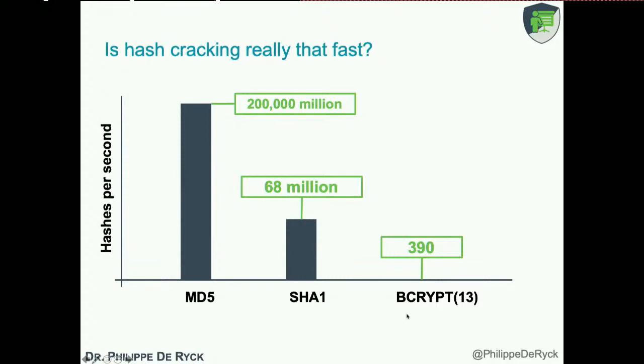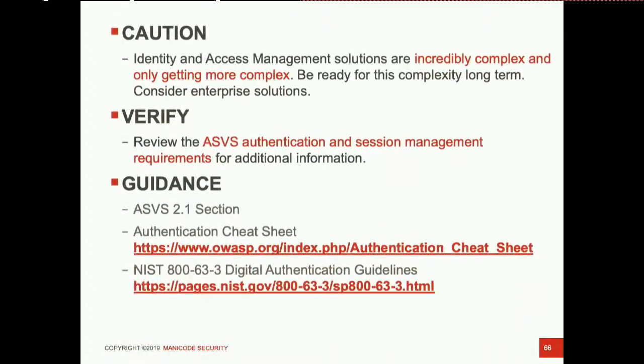With SHA-1, 68 million, and bcrypt with the recommended work factor of 13, it's only 380 per second. It really slows down the attacker who's stolen your database and is now trying to uncover your password. The slower you go, the more time you can use to manage a breach.